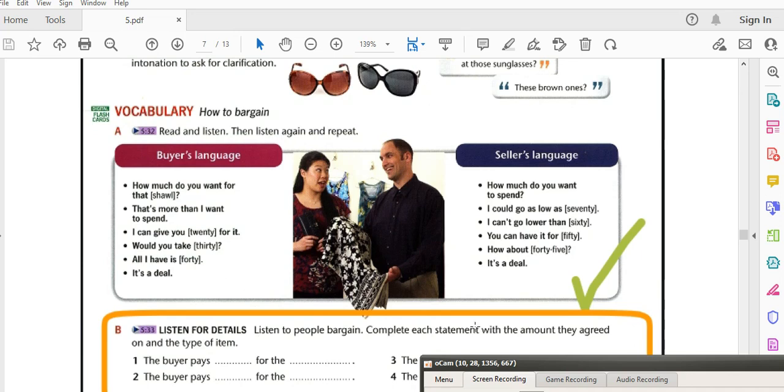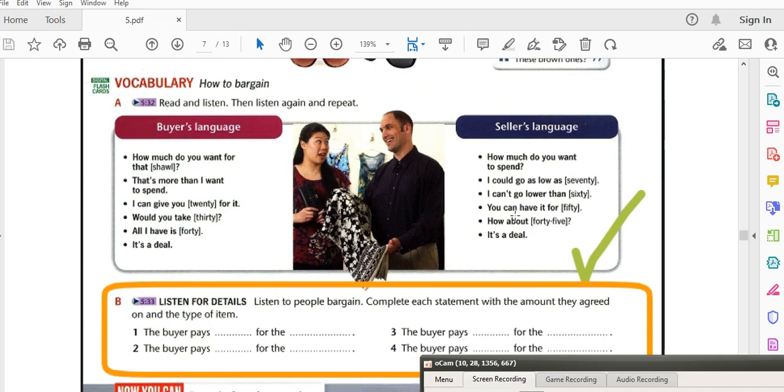How much do you want to spend? I could go as low as 70. I can't go lower than 60. You can have it for 50. How about 45? It's a deal.